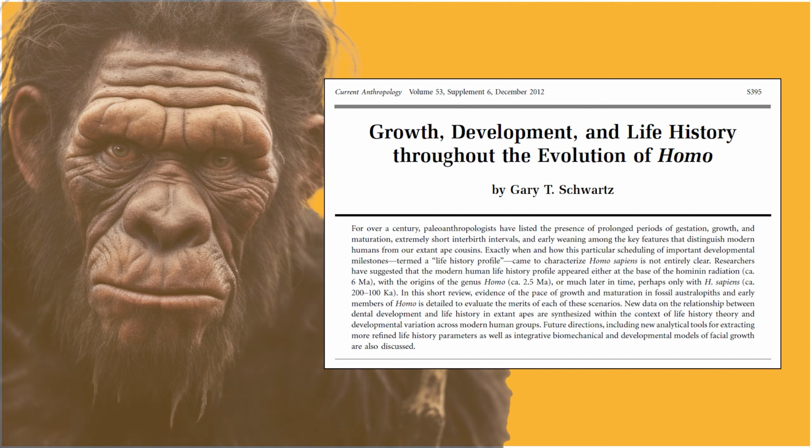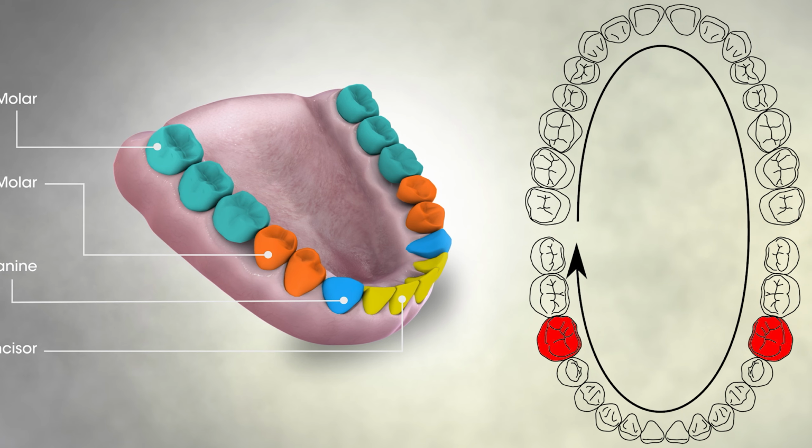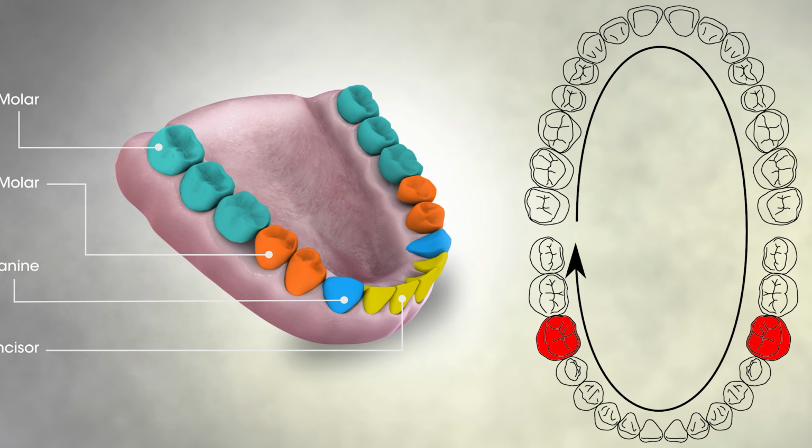The first study, led by evolutionary anthropologist Gary T. Schwartz out of Arizona State University, is entitled Growth, Development, and Life History Throughout the Evolution of Homo. The main section that caught my eye was the section where he's talking about the M1 emergence, or the first molar emergence.